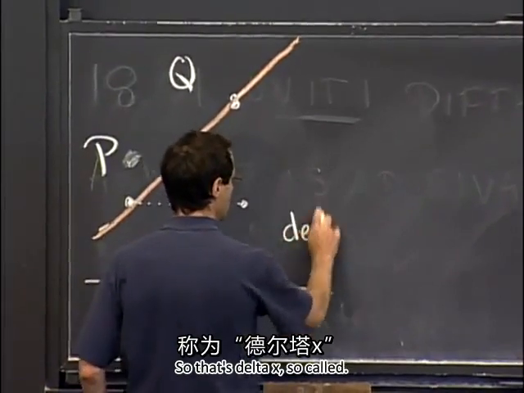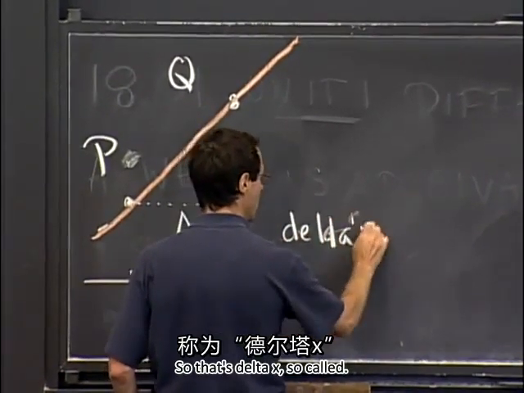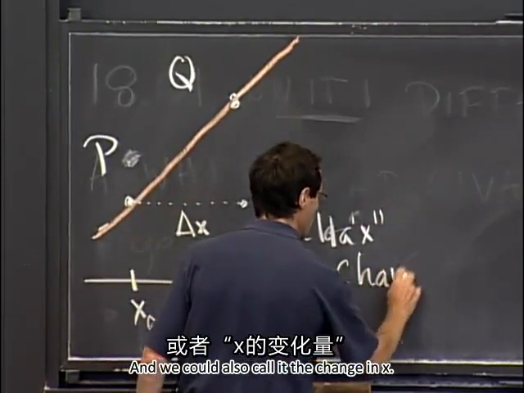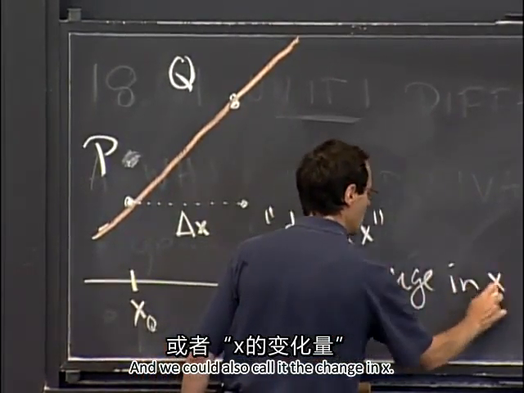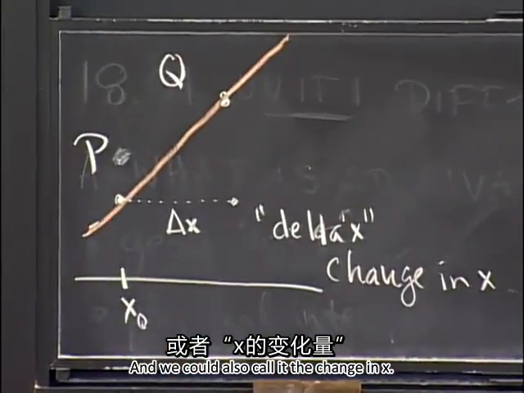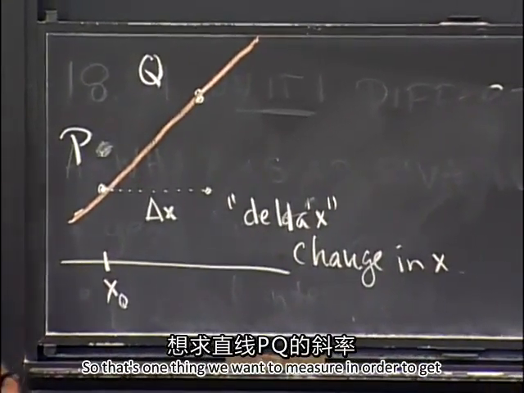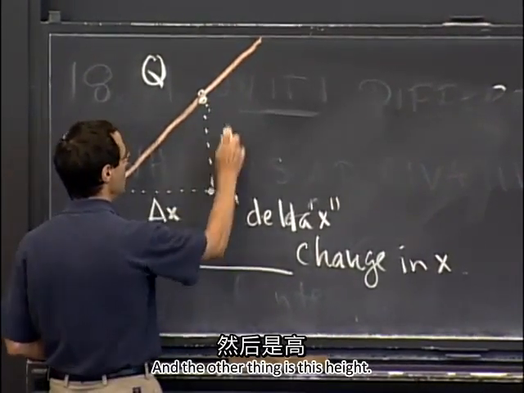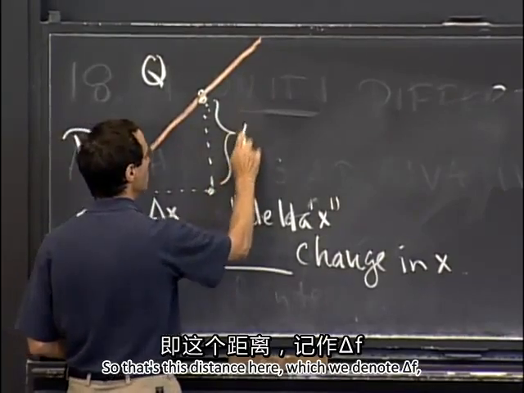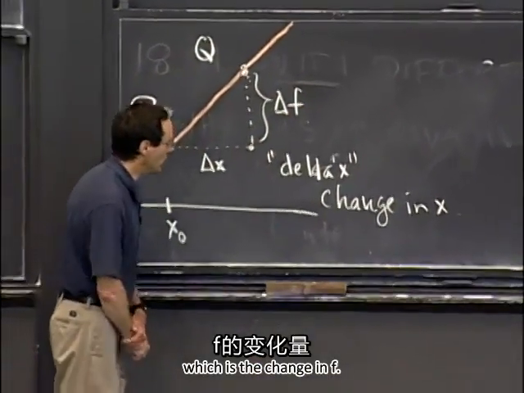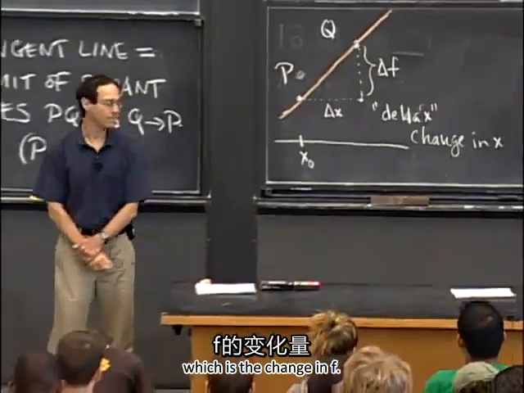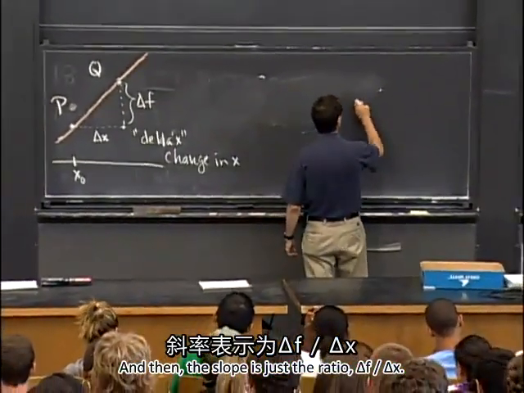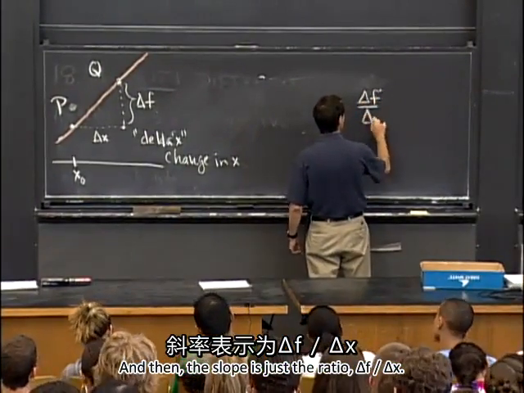So that's delta x, so-called. And we could also call it the change in x. All right, so that's one thing we want to measure in order to get the slope of this line PQ. And the other thing is this height. So that's this distance here, which we denote delta f, which is the change in f. And then the slope is just the ratio delta f over delta x.